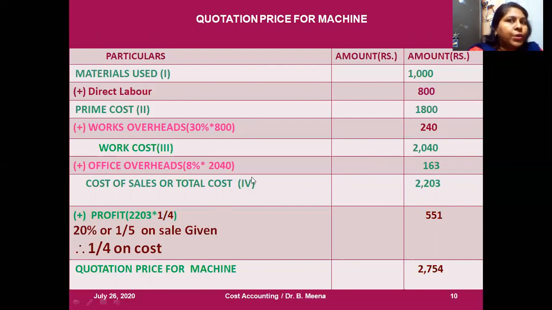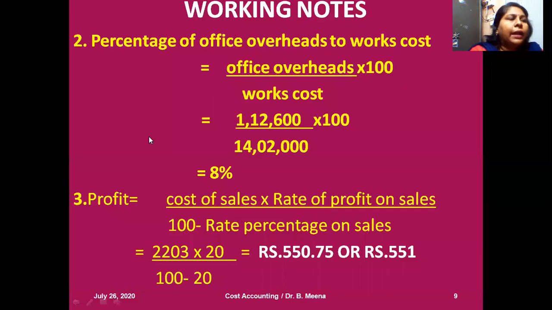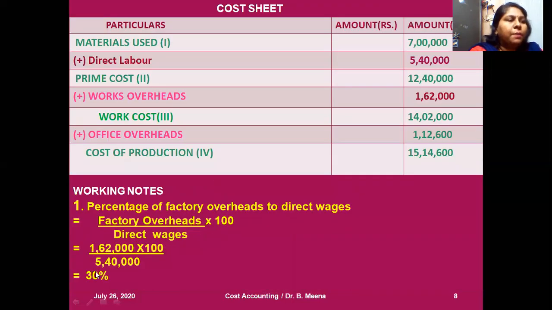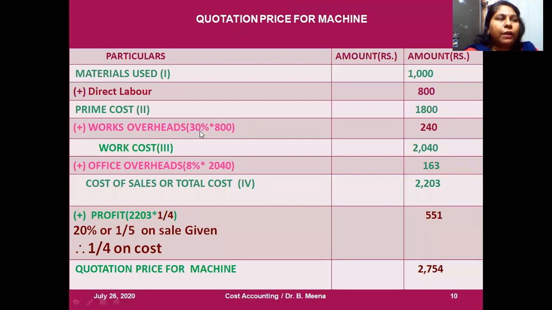So the moral of the story is, to calculate the overhead percentage, 30% or 8%, I need to rely on the cost sheet which was prepared by me as the past information, that was the base for calculating the percentage. Once I calculate the percentage, that percentage will be applicable on the quotation information, not on the previous information. So 30% I applied here on the quotation wages.